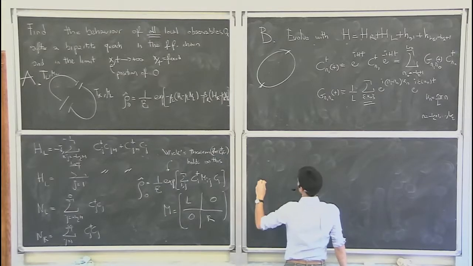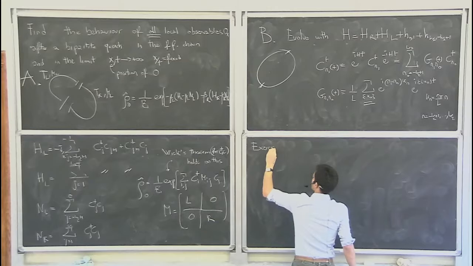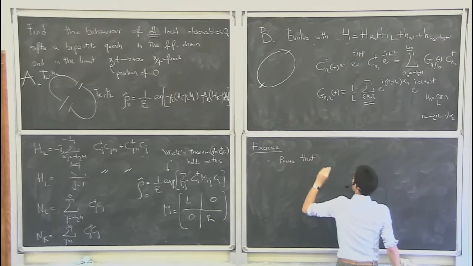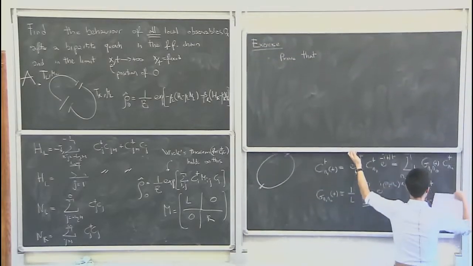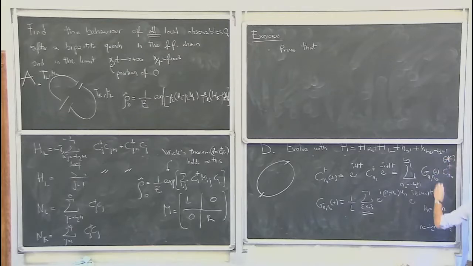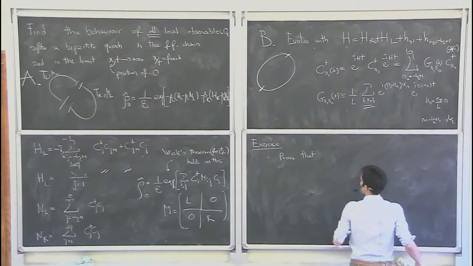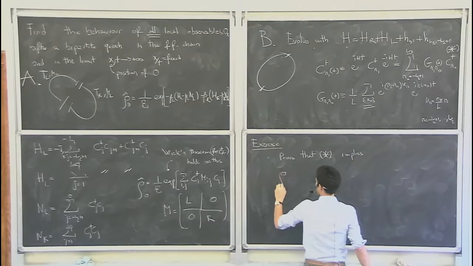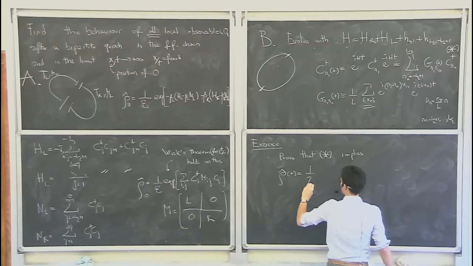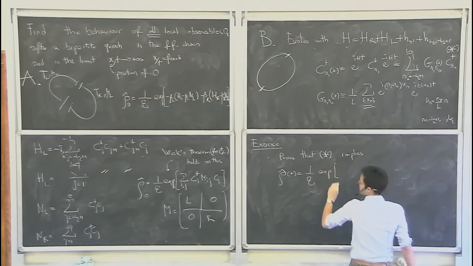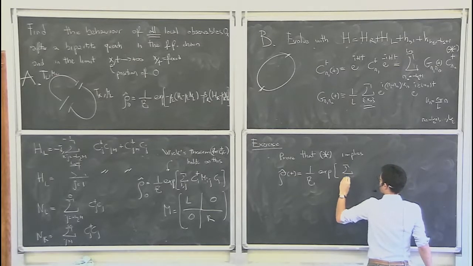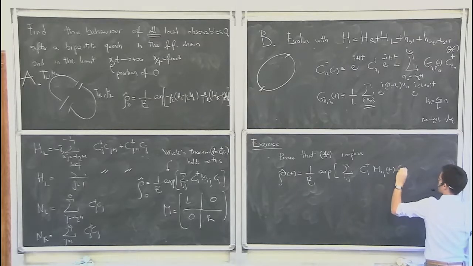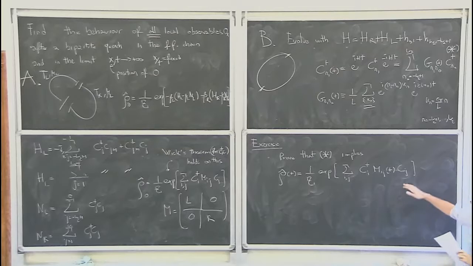Because, again, exercise. Prove that star implies that rho of t is actually an exponential form, remaining an exponential of a quadratic form, okay?